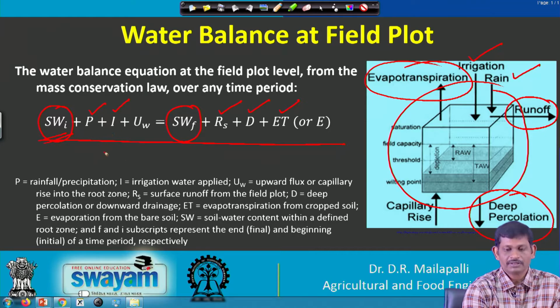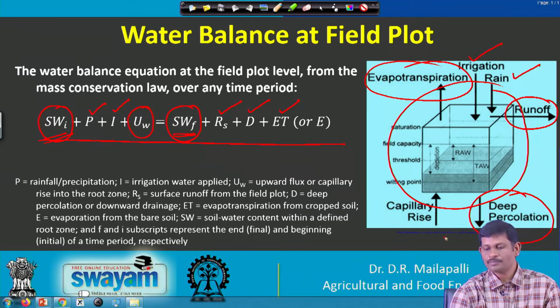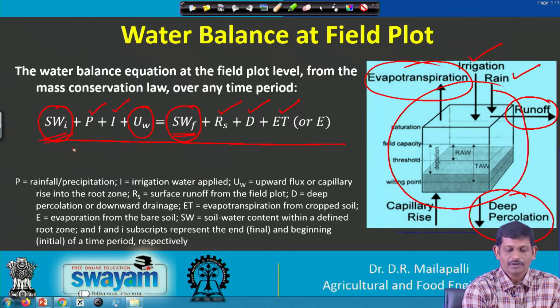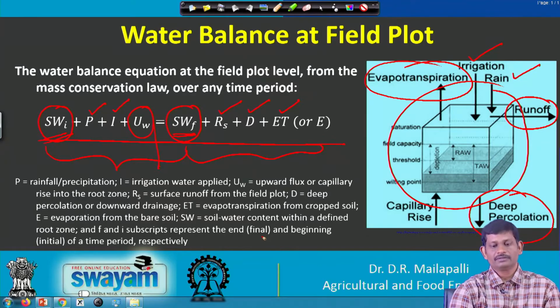Then the water present in the soil at the end of the time, or end of the day, is the final soil water. UW is the upward flow, which could be an input to the system from the groundwater. Altogether these are the total inputs and the total outputs, so it should be balanced basically.